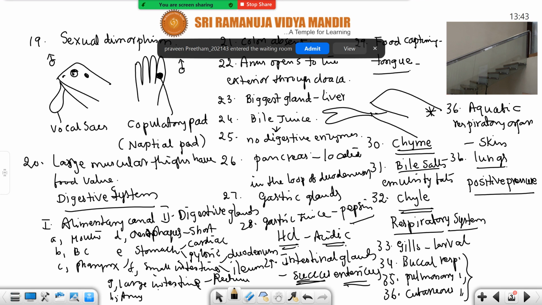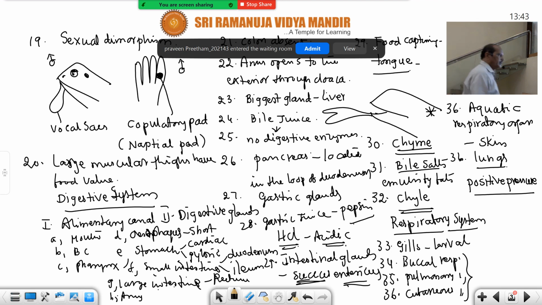By that time nobody knew about this. Afterwards this has become more familiar. Rest of the lungs are negative. Where the ribs are present, from then onwards negative pressure lungs developed: reptiles, birds and mammals. But in amphibians, in frog, the lung is positive pressure.